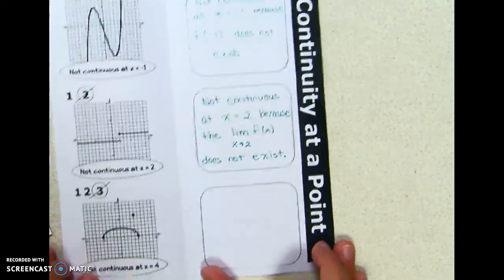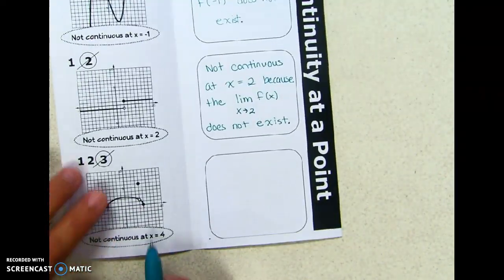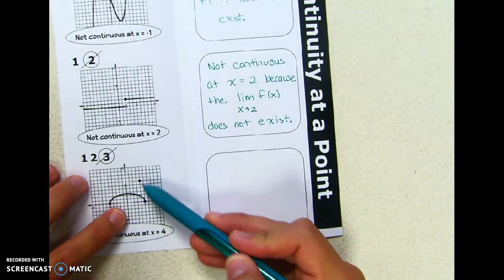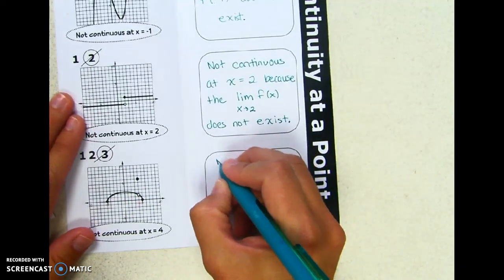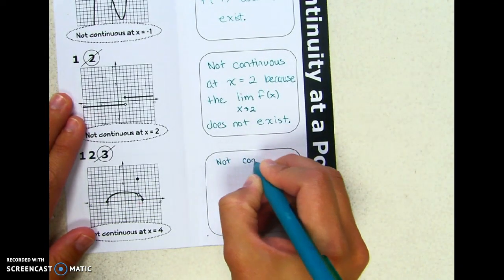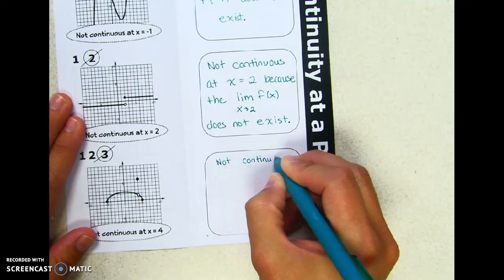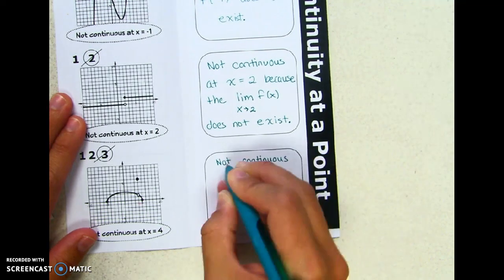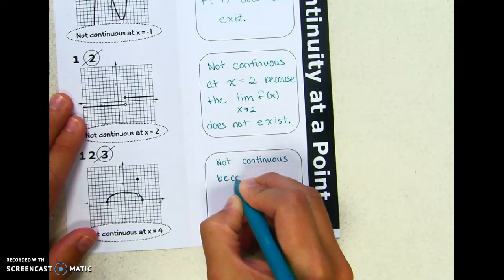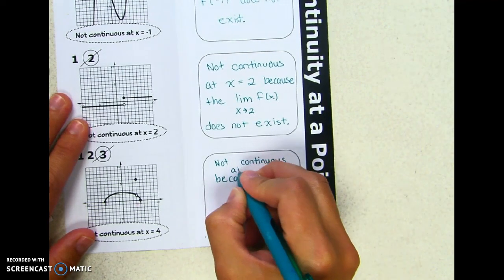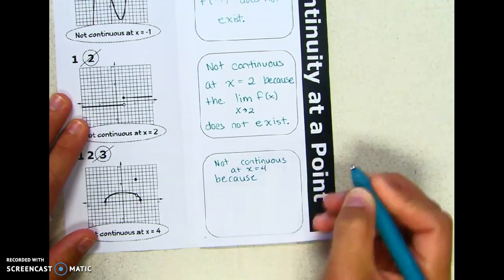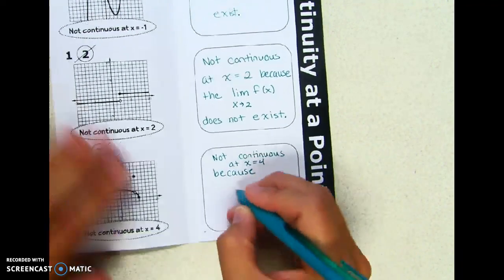Okay, reason number 3. Is there a point? Yes. Is there a limit? Yes. Does the limit equal the point? No. So not continuous. You could also write discontinuous. Not continuous at x equals 4, because, ready for the reason?